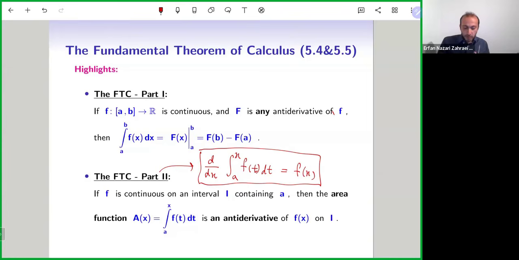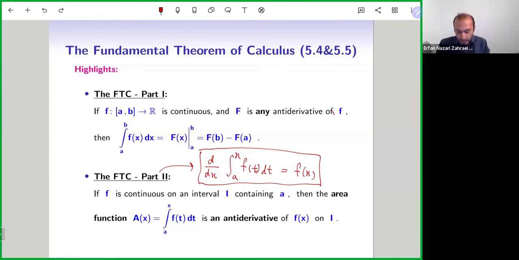Let me point out a few things. So first, this number should be a constant, the bottom lower limit of the integral. Second, this should be a variable that we are actually taking the derivative with respect to. And what is the result of the derivative?